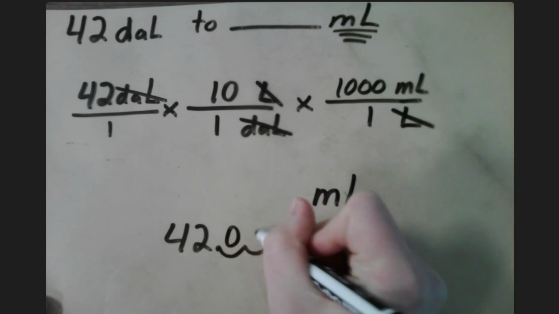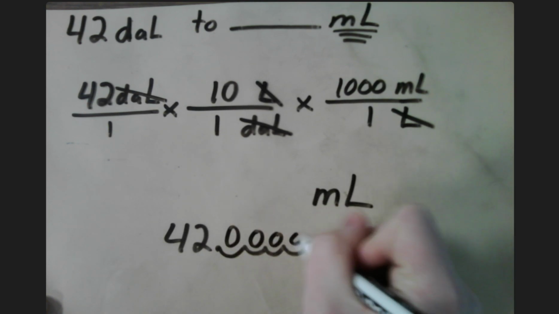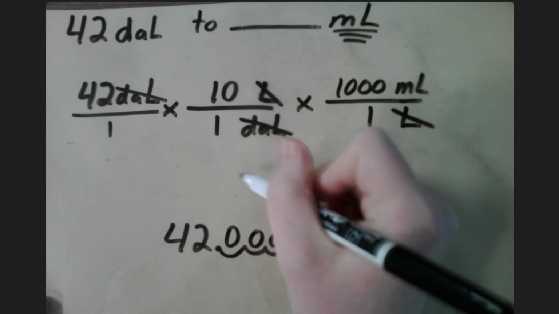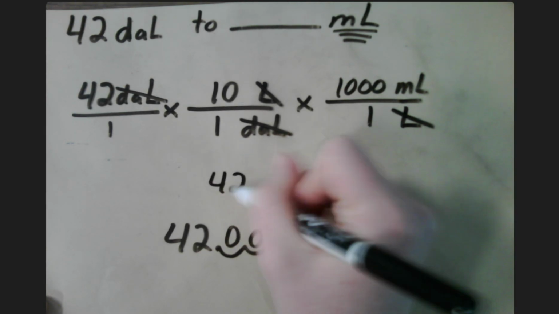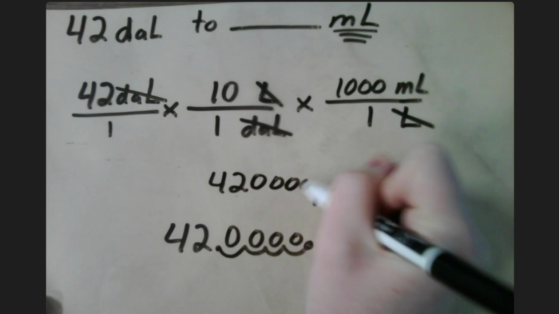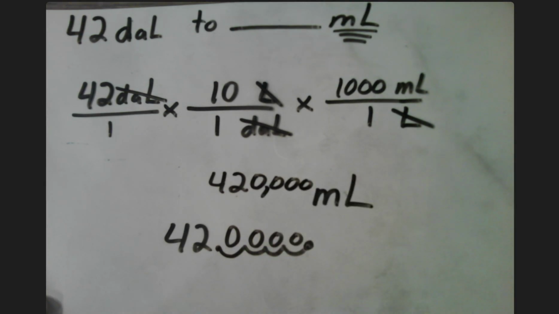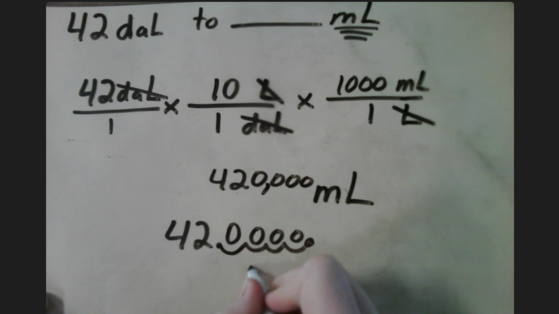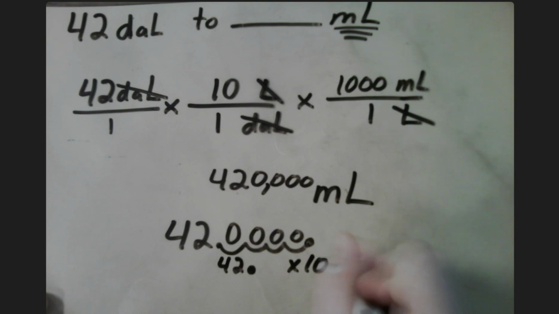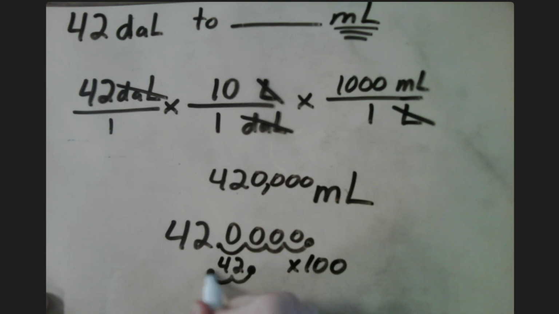So it's going to be 420,000 milliliters. When you divide by a number, let's say we'll do by 100, this decimal point is going to go here and here. It's going to move twice because there are 2 zeros.